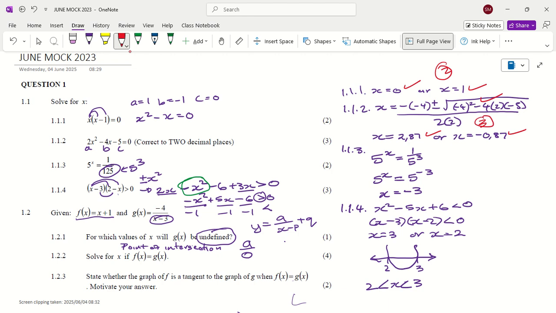For 1.1.3, you get a mark for changing 1 over 125 to 5 to the exponent negative 3. Then you get a mark for x is equal to negative 3. That is 2 marks. Then for 1.4, you get a mark for your critical values. And then you get 2 marks for the answer, ne? So together that is 3 marks.